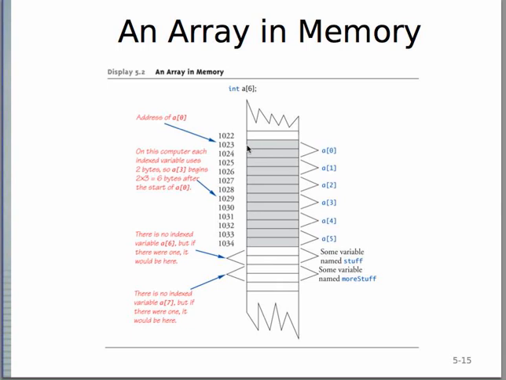Alright, so we can go with that. So each memory location is 2 bytes, and a sub 0, since a is an int, takes up 4 bytes, that is 2 of these locations. 2 bytes here, 2 bytes here. And then the next array location, a sub 1, is right next to it. There's no gap or anything like that.